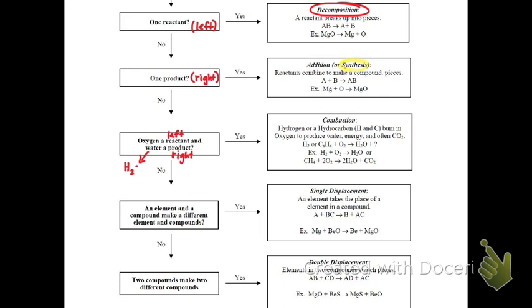If you see H2O as a product, that is a sign of combustion. So hydrogen or a hydrocarbon burn in oxygen to produce water, energy, and a lot of times CO2. The CO2 isn't always there, but the water is. Okay?